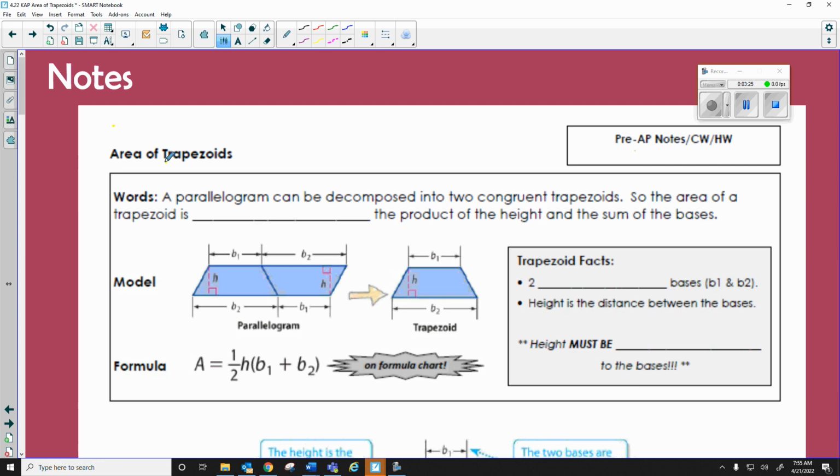Okay, so today we're going to continue talking about area of shapes. Today we're going to be focusing on trapezoids. If you remember from our little family tree yesterday of quadrilaterals, we had two little stem offs. We had the trapezoids and we had the parallelograms. The difference between the two is that trapezoids have one set of parallel sides, where parallelograms have two sets of parallel sides.